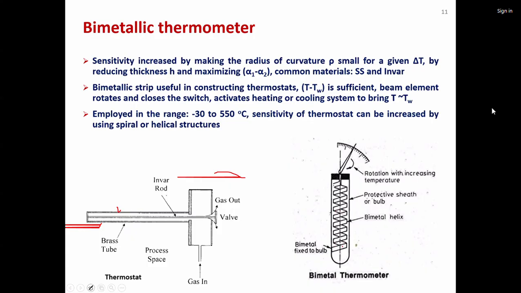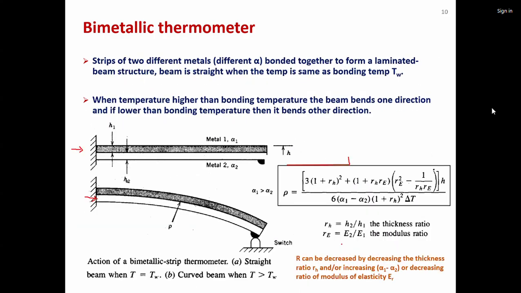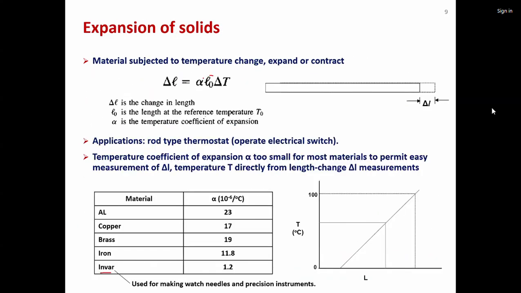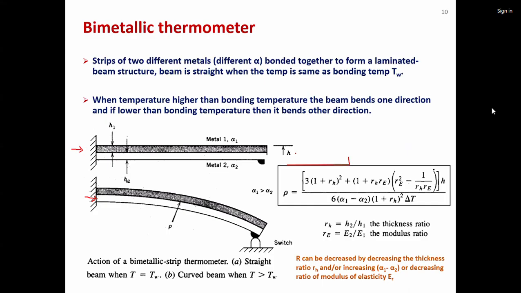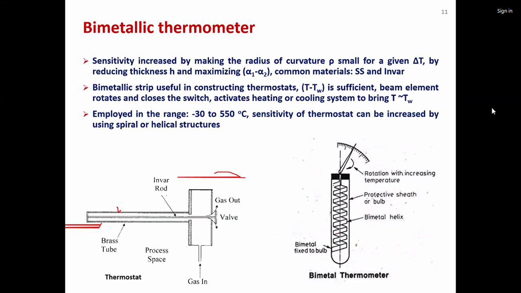So the overall length is higher, and as you know, delta L is proportional to the initial length. In the helical arrangement, the initial length is very high, so the change in length is going to be amplified as compared to, let's say, just a straight rod. This kind of approach you can use to enhance your response to change in the temperature.